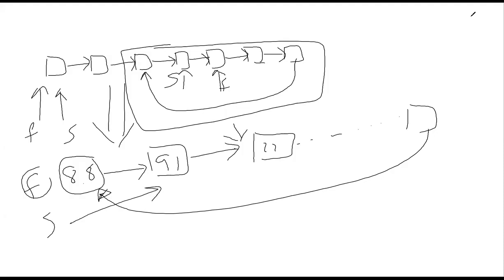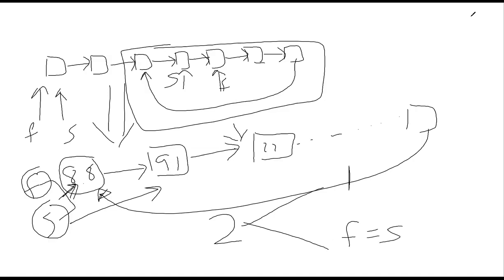If you keep doing this, at one point you will find the fast and slow pointers intersecting with each other. And if this happens, that means the number cannot be a happy number. There are only 2 conditions to end this: either you reach 1, or your fast pointer and slow pointer become the same.